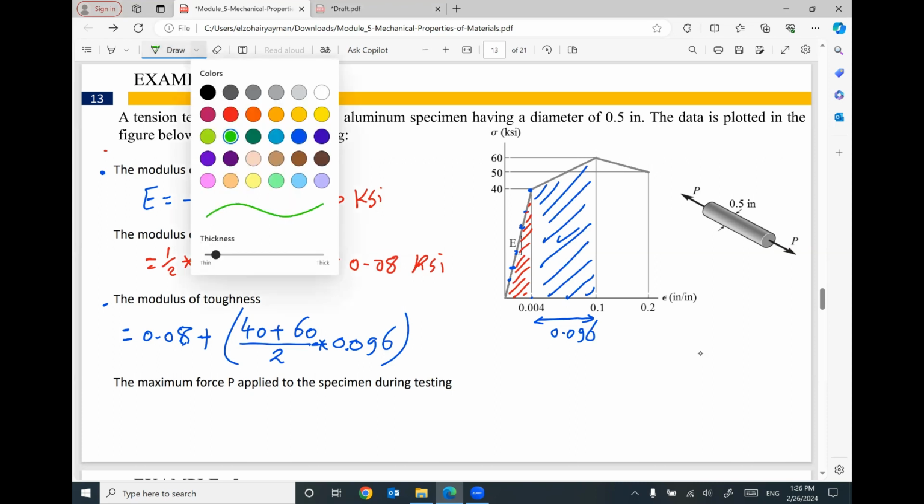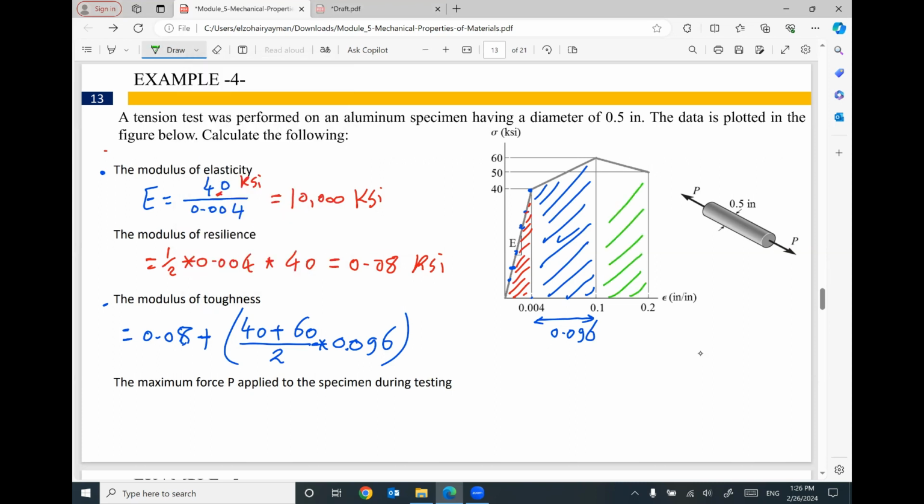We have another trapezoid, which is this one. So I need to add the area of this trapezoid: the value of stress 60 plus 50 divided by 2 times this range of strain, which is 0.1. This will represent the total area under the curve.